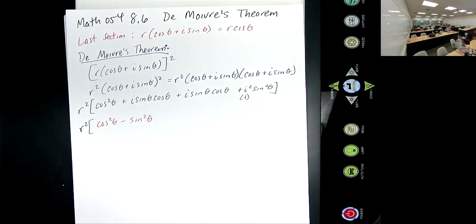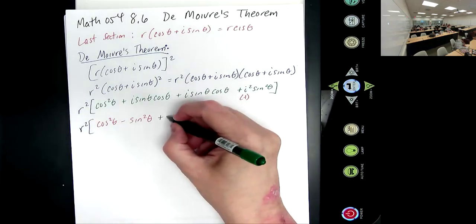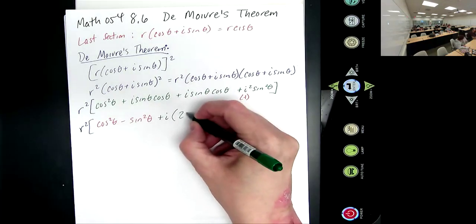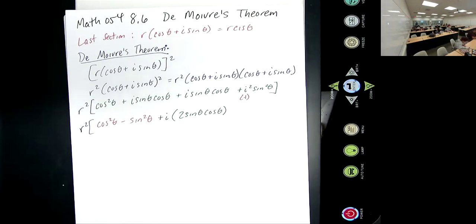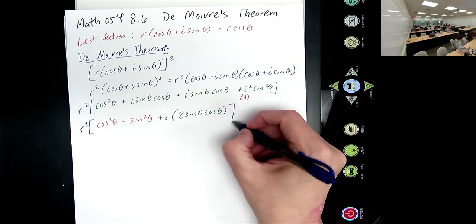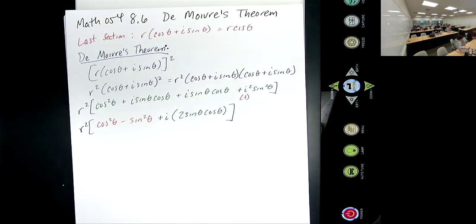And then for the imaginary, I'm gonna factor out the I, and I have two of these: 2 sine theta cosine theta. Everyone good with that so far?